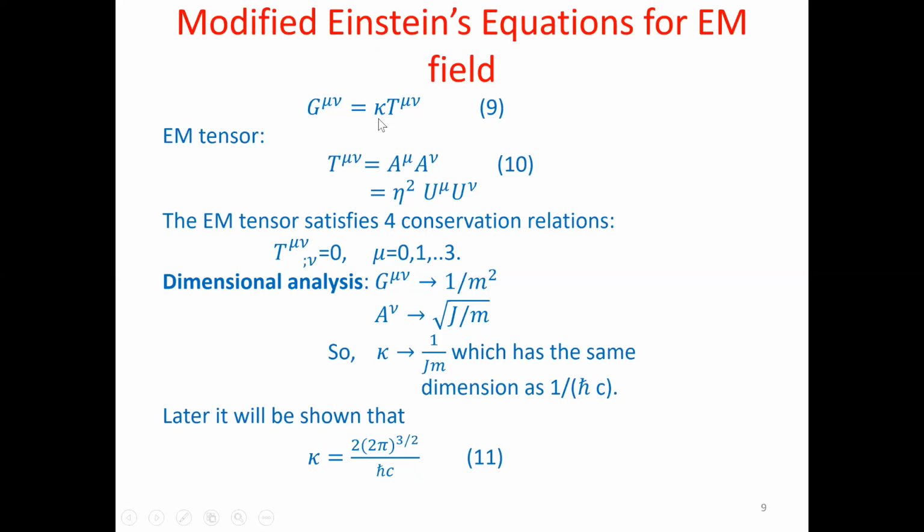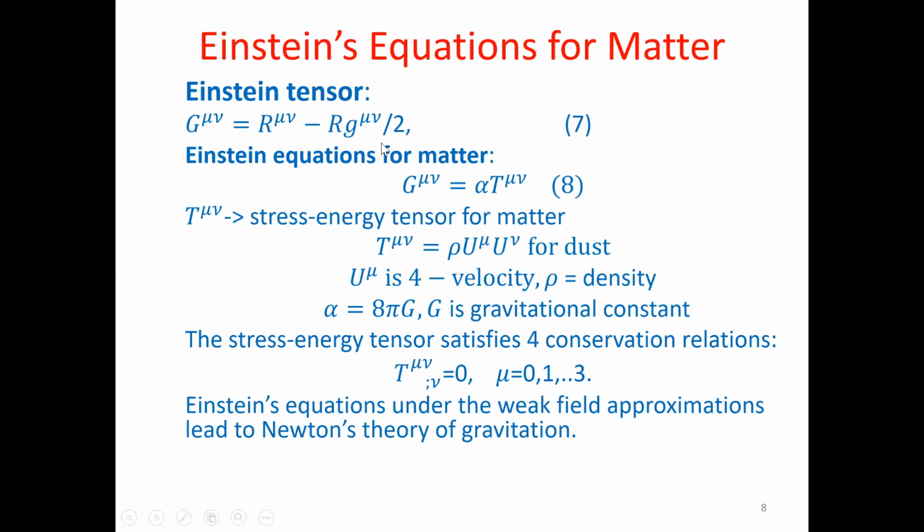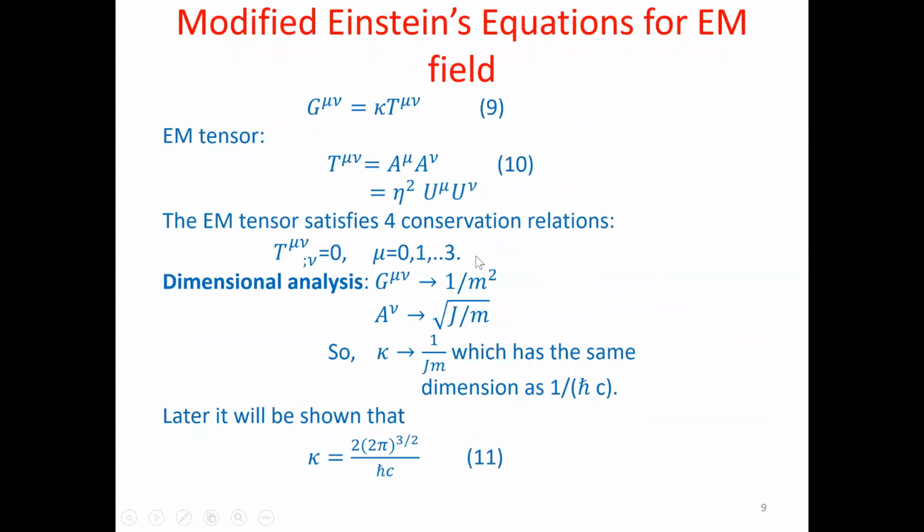So kappa is a constant connecting Einstein tensor and EM tensor. In the case of Einstein's equation for matter, the corresponding constant alpha is proportional to gravitational constant. So in the EM field case, kappa is inversely proportional to Planck's constant.